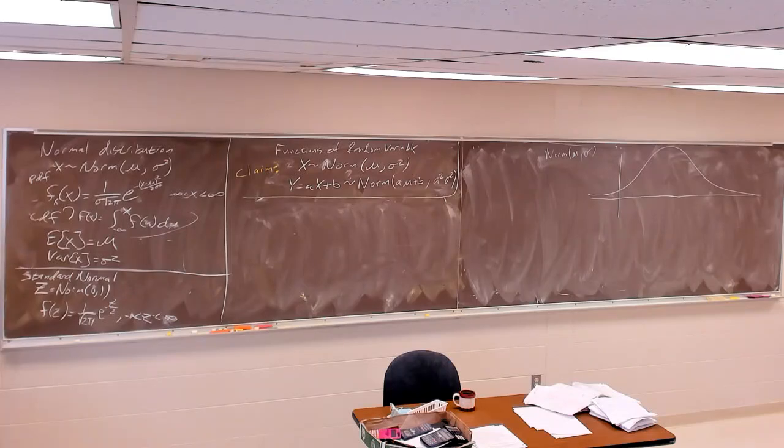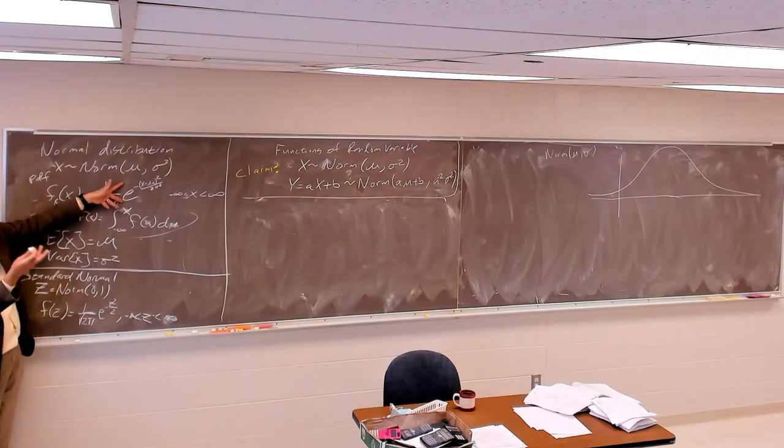Now, first of all, take my word for it, that is a probability density. What would need to be true for that to be a probability density function? The area under the curve is 1, yeah. It should be a positive function, which it is because it's an exponential function. This exponential function squared.